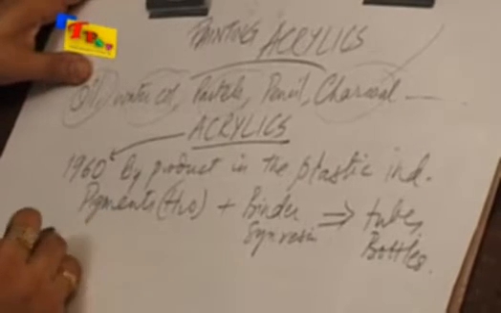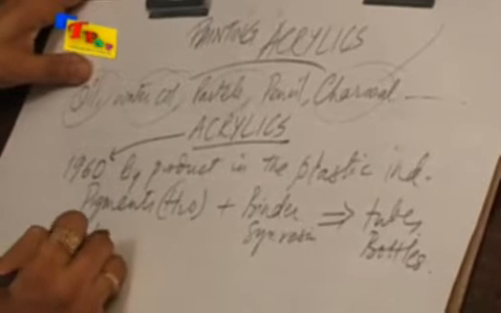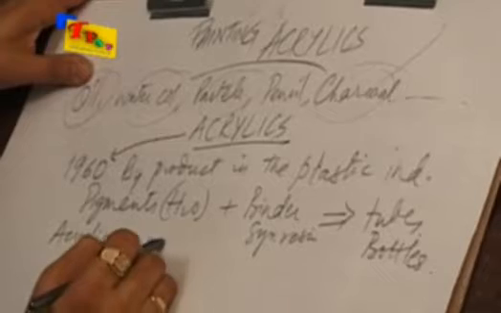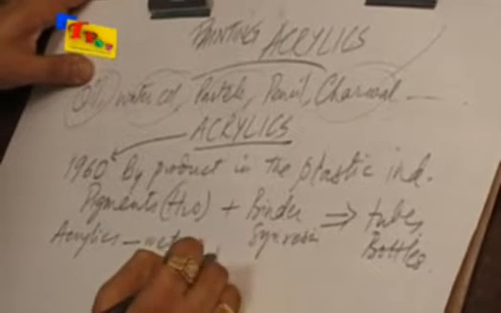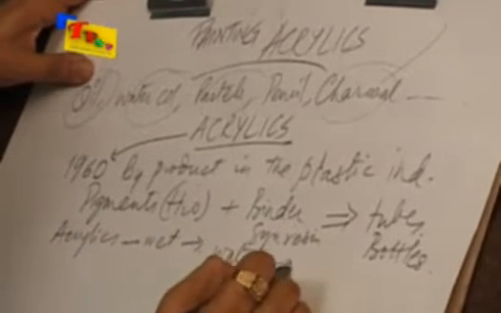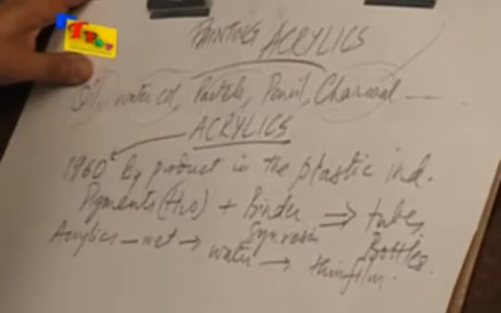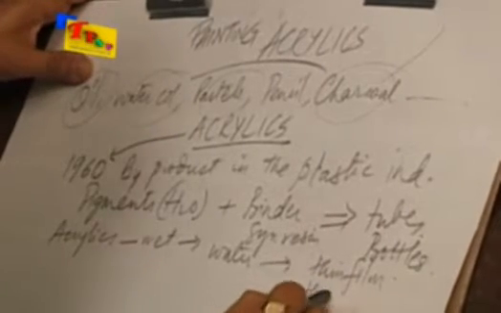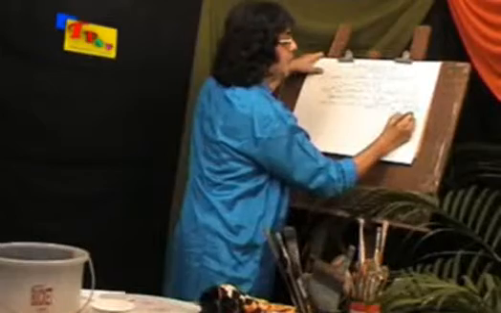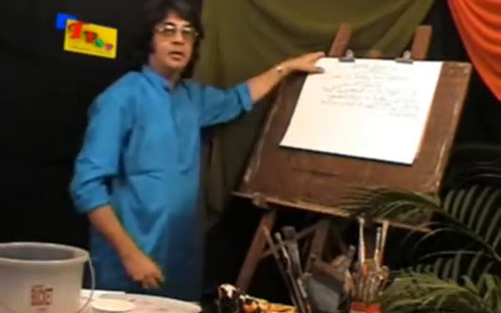Acrylics, when wet, can be easily dissolved in water and they form a thin film if more water is added, and they form a thick paste if less water is added.